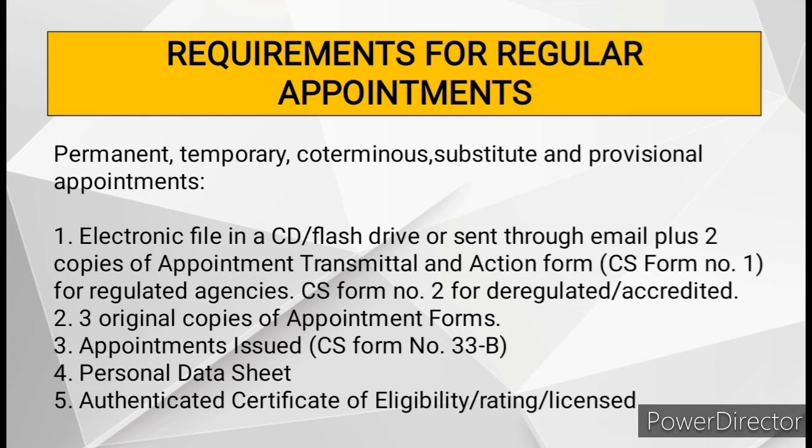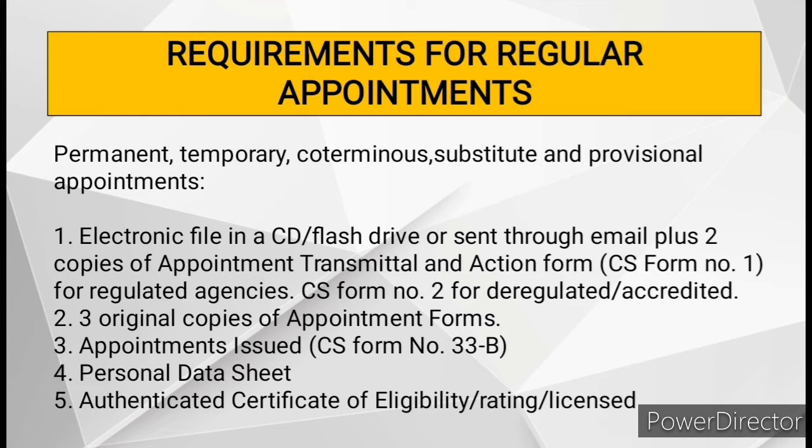On the other hand, the accredited and deregulated agencies, instead of CS Form number 1, shall submit 2 copies of CS Form number 2, revised 2018, or the Report on Appointments Issued, or the RAI.